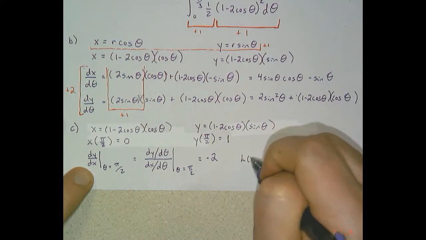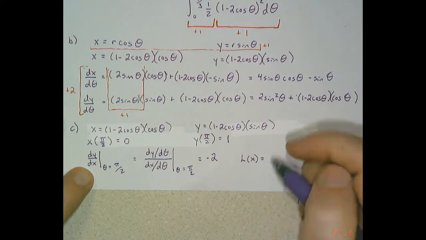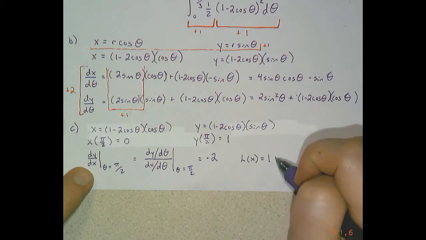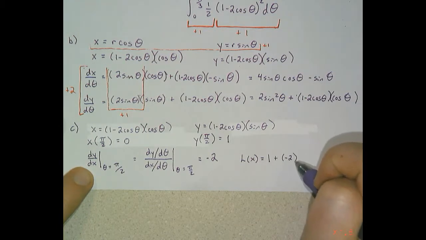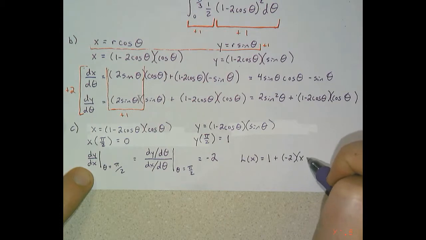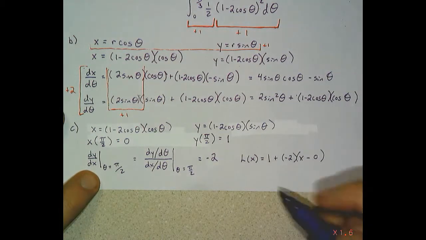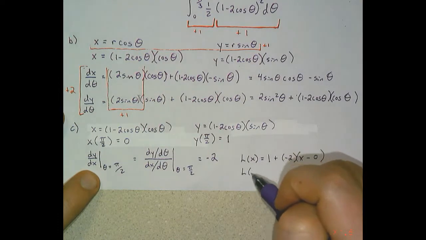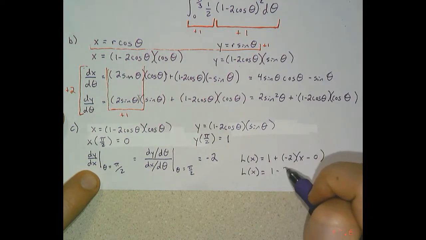L of x is the y coordinate plus the slope times x minus the x coordinate. Or if you simplify that down, our tangent line is 1 minus 2x.